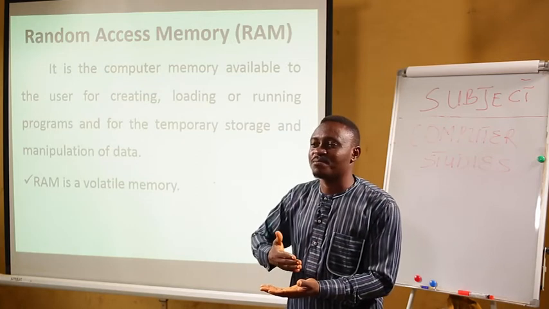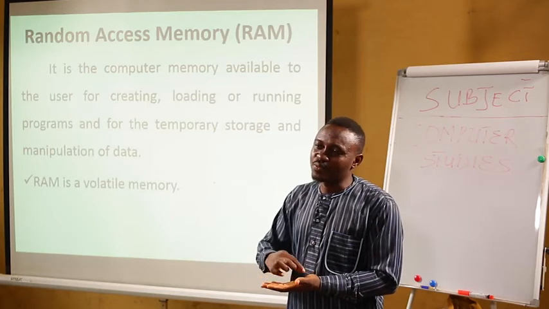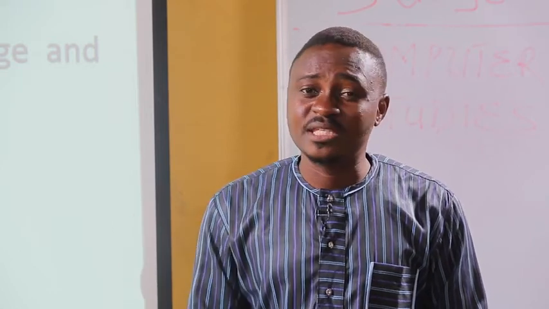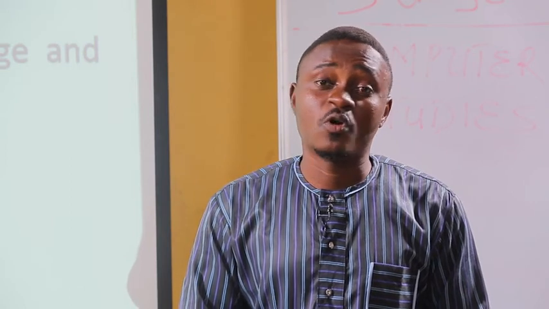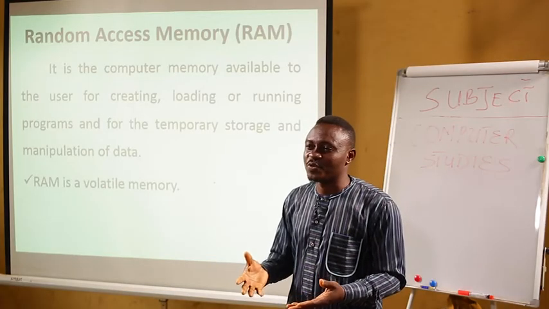Once light is taken off, the data or the processes you've kept inside your RAM go off. A practical example is your Microsoft Word. When you're typing and typing, whether you've typed 100 pages and you did not save your work, and unfortunately your system is a desktop, once the power source is taken off, everything you've done goes off.